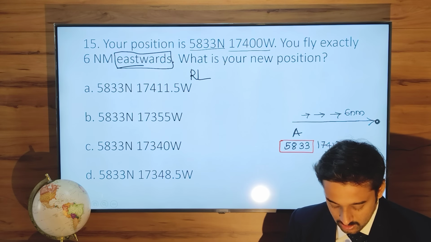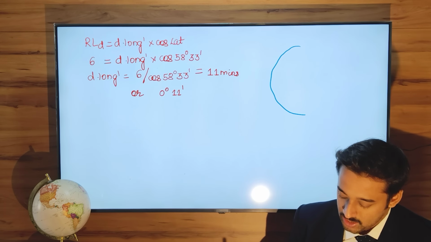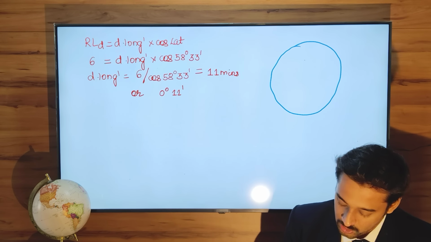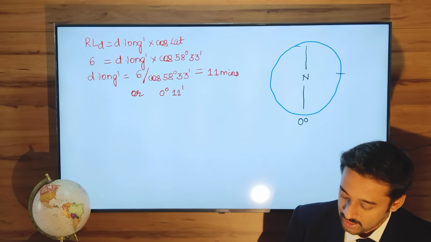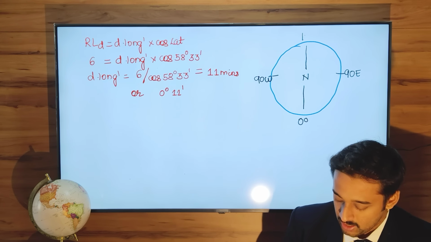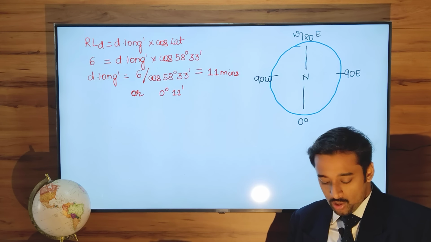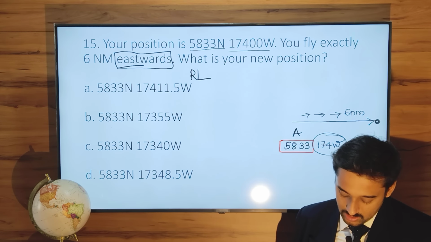Now let's draw the earth. Whenever we are talking about longitude, it is safe to draw the earth so that there is no confusion later. 0, 90 east, 90 west, 180 east and west. The initial longitude was 174 west.